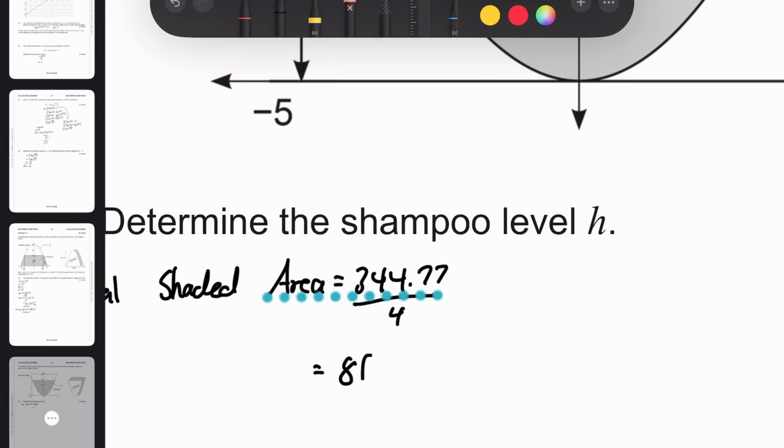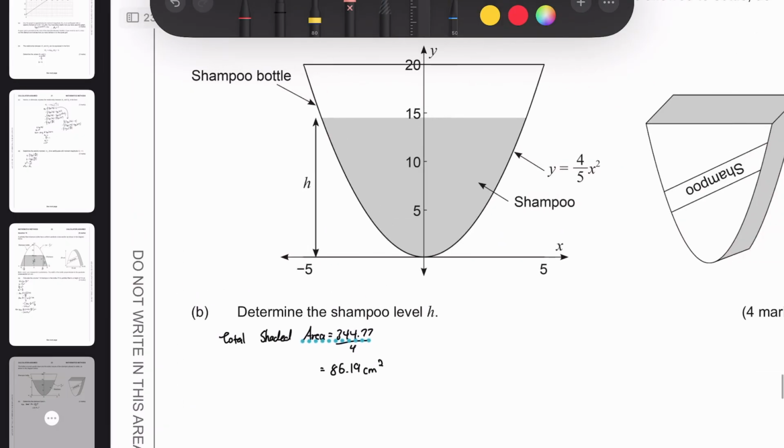So we should get about 86.19 centimeters squared. Okay.